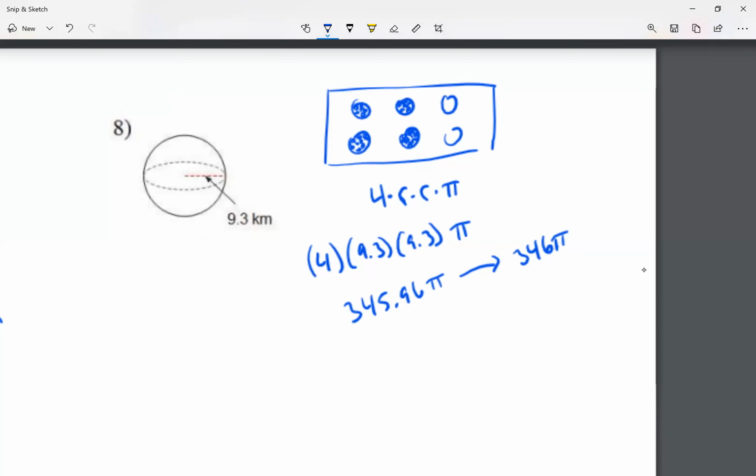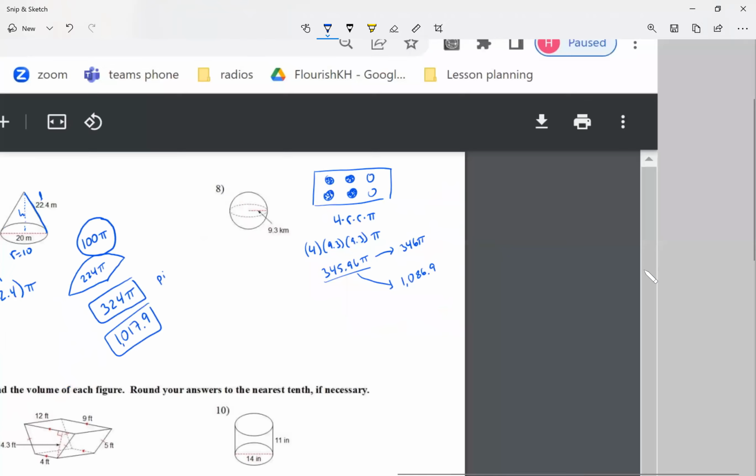Now, if I have to multiply this by pi, I'm gonna go from here, 345.96 times pi, and I'm gonna get 1,086.9. I rounded to 1 decimal place. So if I'm asking you to leave it in terms of pi, or you have to give me the decimal, there you go. Let me zoom out so you guys can see what we did today.